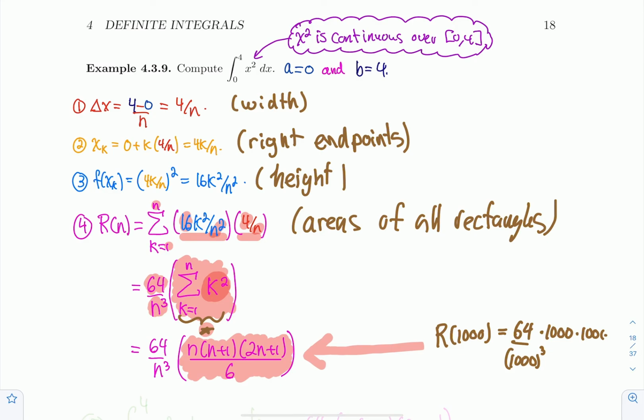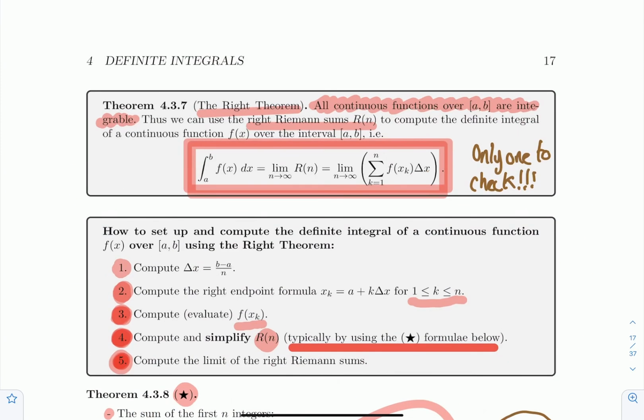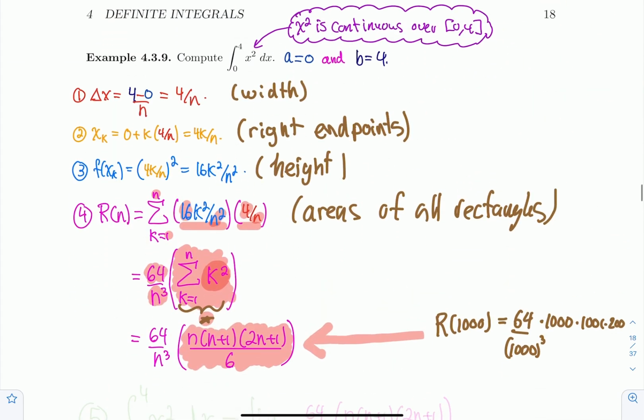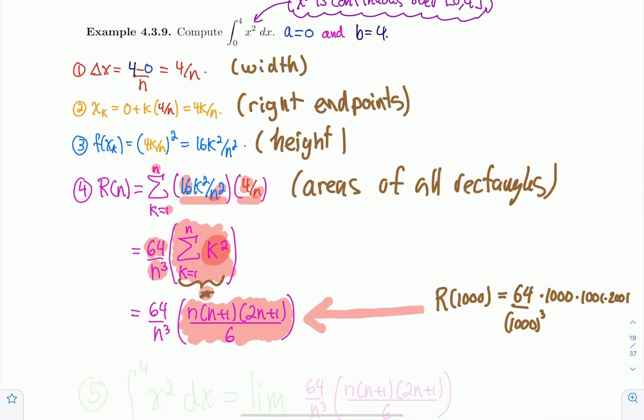Then you would need to evaluate the function 1,000 times for all those subrectangles. No, you don't want to do this. Or you can just plug 1,000 into this formula: 64 over 1,000 cubed times 1,000 times 1,000 plus 1 times 2,000 plus 1 over 6. This will give you the exact same thing.